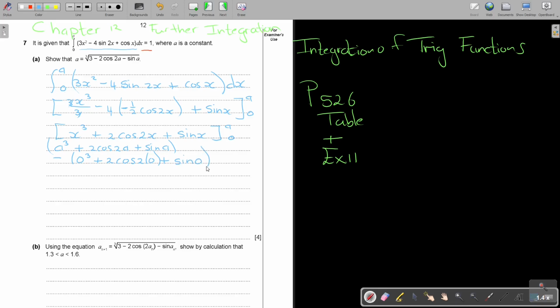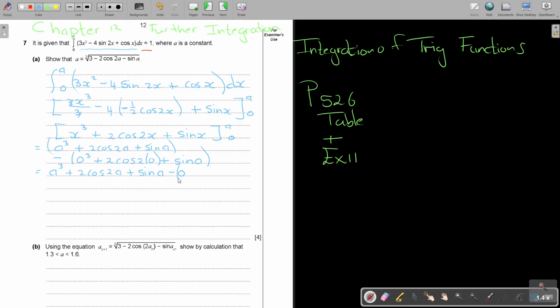Now I'm going to simplify. So it's a to the power of 3 plus 2 cos 2a plus sin a. And now be careful, it's minus, and you can first leave the bracket.